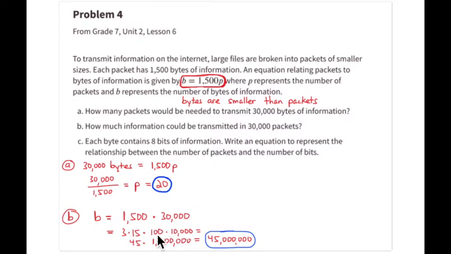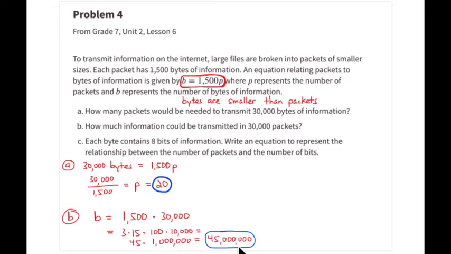So you can pull out the power of 10 of 100 and the power of 10 of 10,000 and multiply the 3 times 15 is 45. And 10 times 10,000 is 100,000. And 10 times 100,000 is 1,000,000. Or 100 times 10,000 is 1,000,000. So you end up with 45 million. So this is 45 million bytes of information in 30,000 packets.